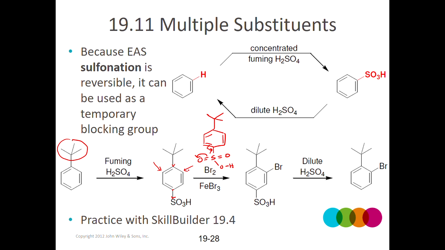And that also will direct the Br2 to come into the same site. So when I react with Br2, I expect the Br to connect either here or here, which is the same either way due to symmetry. And then I just need to use the dilute sulfuric acid conditions to remove that sulfonate group and replace it with a hydrogen to get to that product.